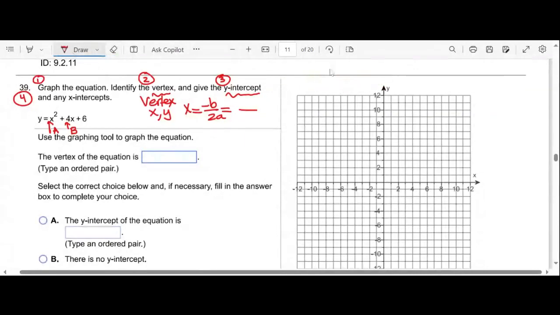Let me give you the right formula. The right formula is ax squared plus bx plus c equals 0. So this is a, this is b, and this is c. I don't need c, I just need a and b. So how much is a here? 1. How much is b? 4. So let's put these values here.